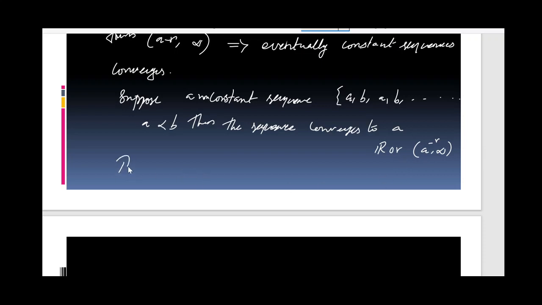Thus, a sequence xn converges to the minimum value of xn if it exists. So this is the convergence part of the sequence.